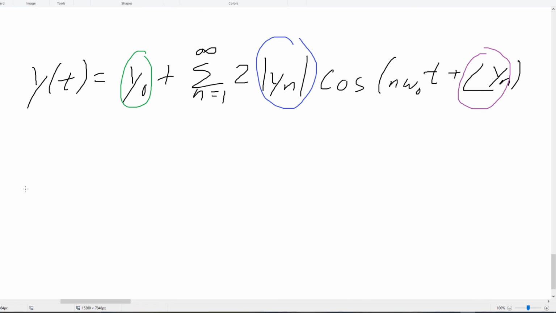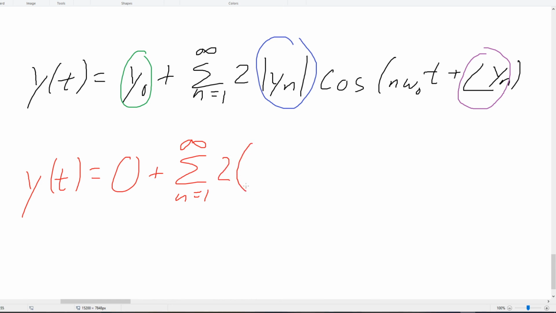I'll just do it in red over here. So y of t is equal to y0, which is 0, plus the summation of n is equal to 1 to infinity, 2 times absolute value of yn, which is equal to n over 1 plus 2n squared, times the cosine of n omega naught t.